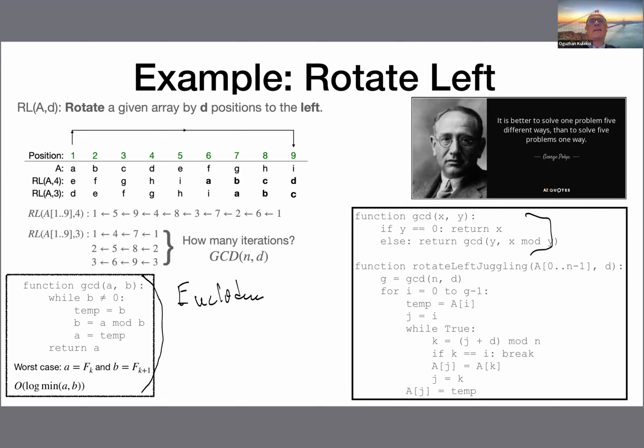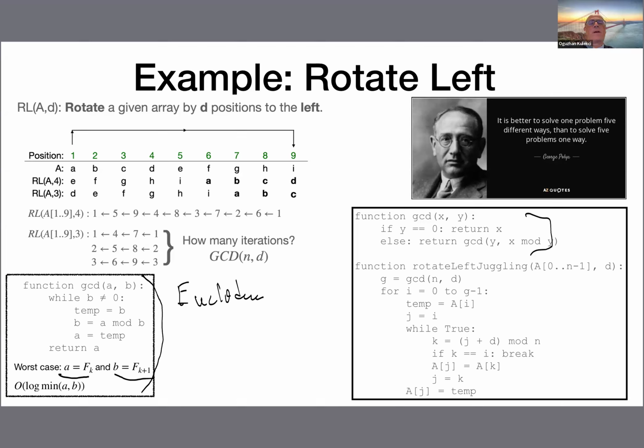And again, it needs a bit more mathematical deep diving. But skipping that, let me tell you one thing. The worst case for the Euclidean GCD calculation appears when those two numbers are two consecutive Fibonacci numbers, okay?